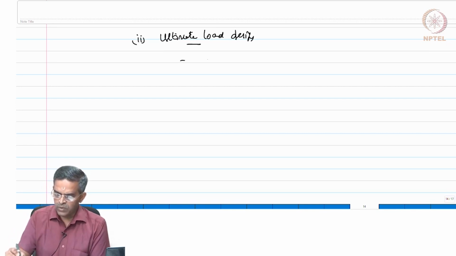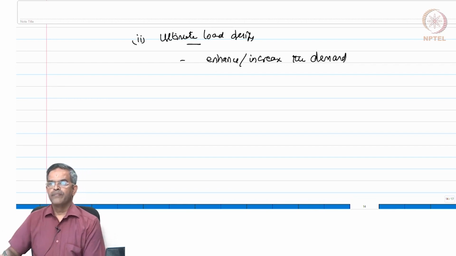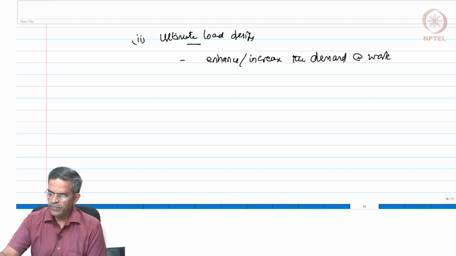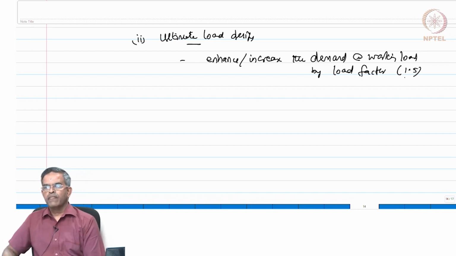So, in this case what do we do? We enhance or increase the demand at working load by a load factor. We all know, for example, the load factor of 1.5 is being recommended.